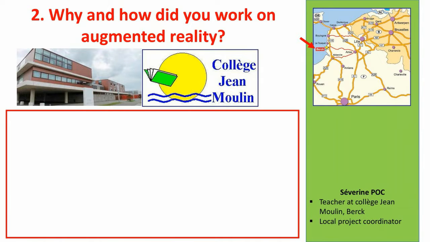Yes, to everyone. Collège Jean Moulin is a comprehensive school located in Berck-sur-Mer in the north of France. There are about 750 pupils from 12 to 15 years old. The aim of our project is to increase the cultural openness of our pupils because we are confronted with a high unemployment rate in our town and with sedentary pupils.